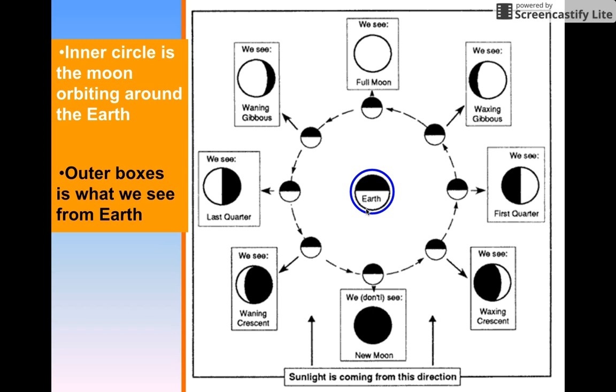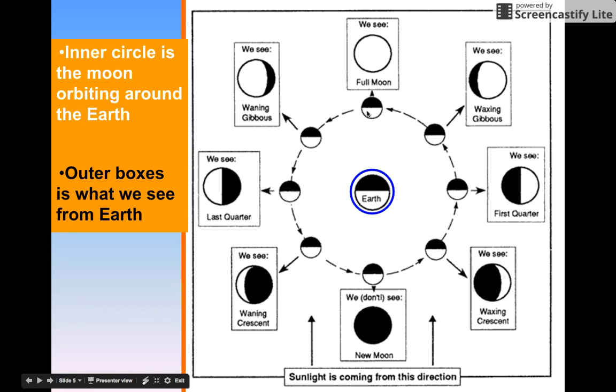The outer boxes are what we see from Earth. Let us pretend that we are here, where the cursor is wiggling, and we are looking at this portion of the moon. Well, we can't see it because that's new moon. As we move in a counterclockwise fashion, we see waxing crescent, the first quarter, a larger area of waxing gibbous.